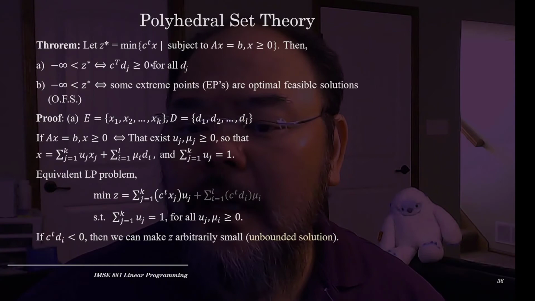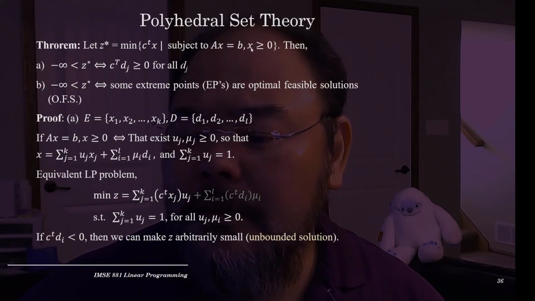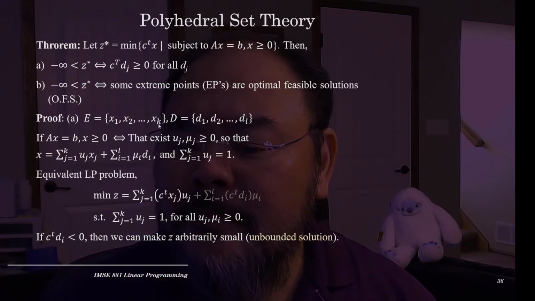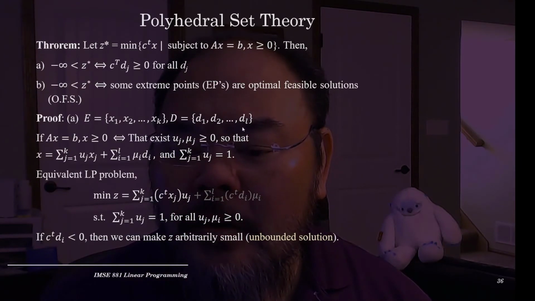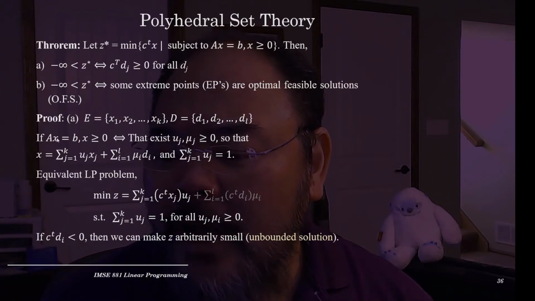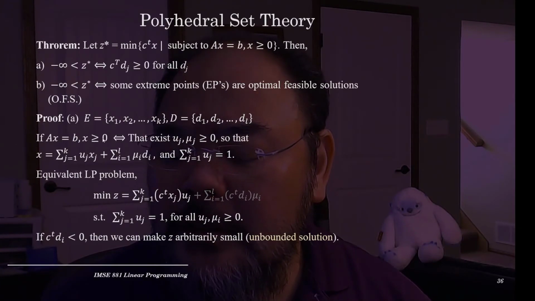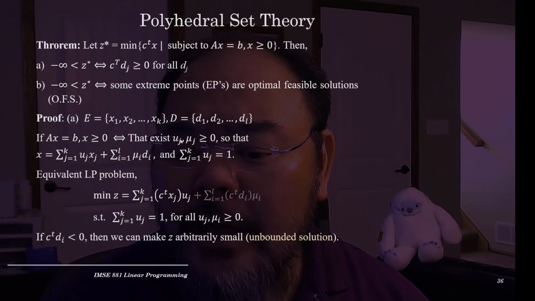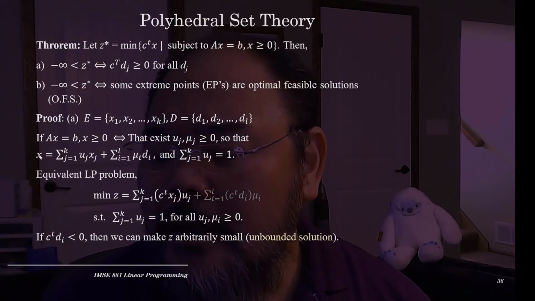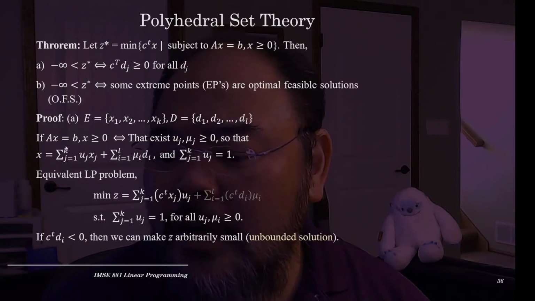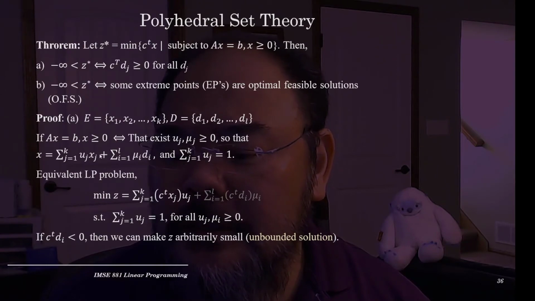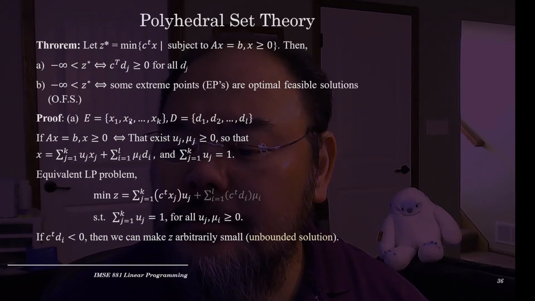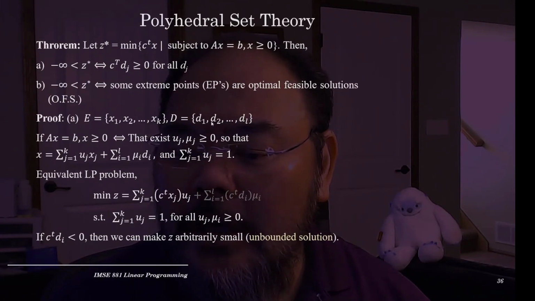For example, the set of feasible regions right here can have K extreme points and L extreme directions. If AX equals B and X is non-negative, then there exist Uj and mu i so that X equals the convex combination of the extreme points plus the cone combination of D, the extreme directions.